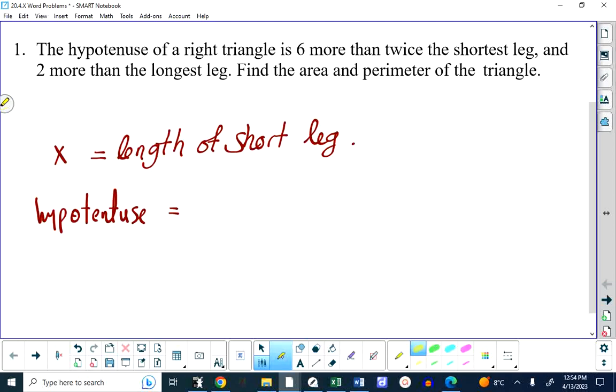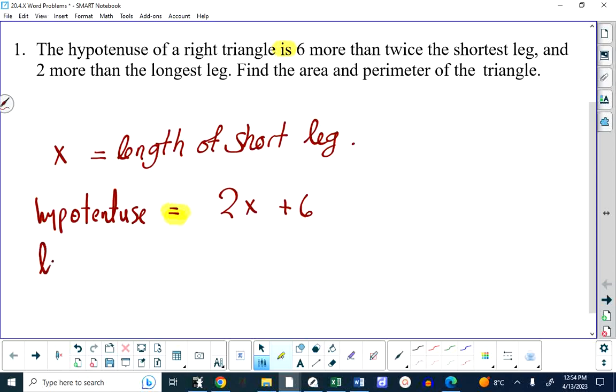One is that the word "is" means equals. If something is 5, then it equals 5. And then we just read the rest of it. "6 more than" means we're going to add 6 to something. 6 more than what? 2 times the shortest leg. So that's the hypotenuse.